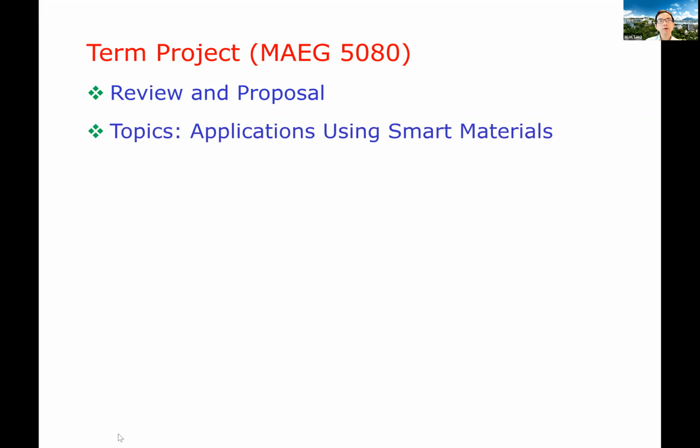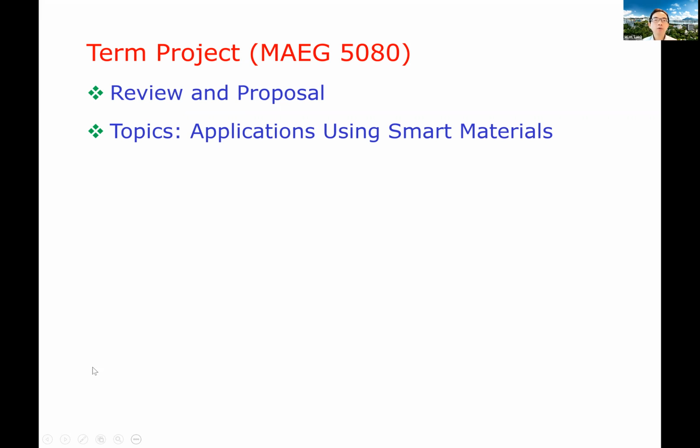You can see that there'll be a review and proposal, given the time you have. I'm going to talk about the content you may have in this course project. In terms of topic, first of all, it'll be an individual project, so each of you will work on your own.